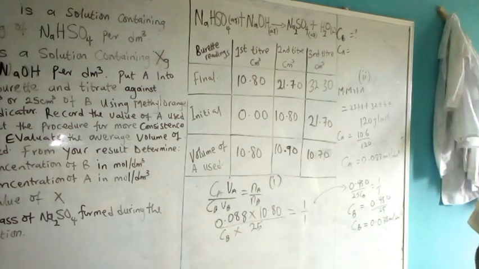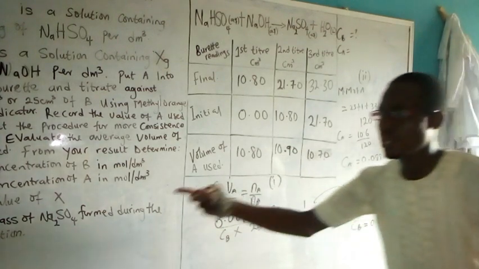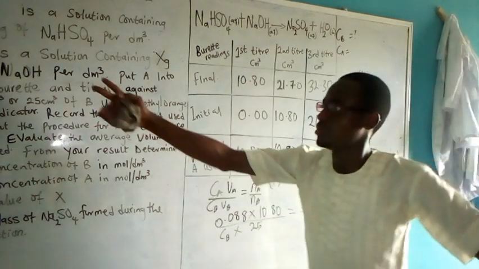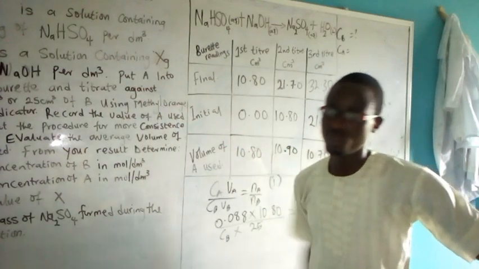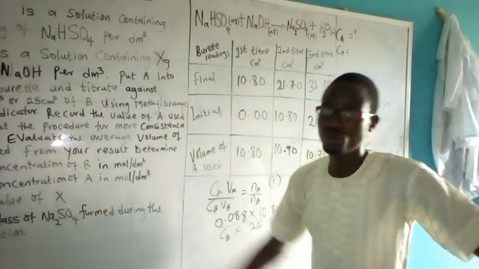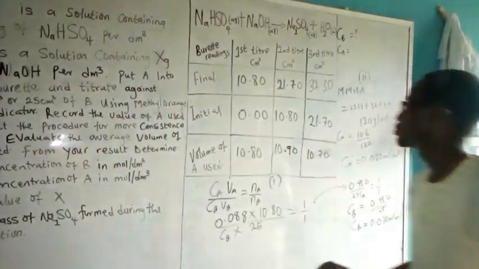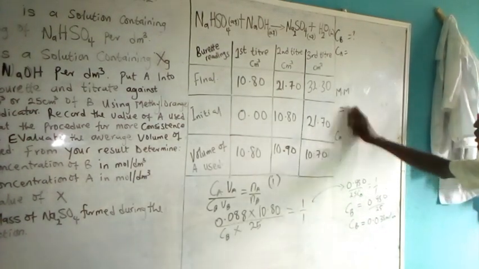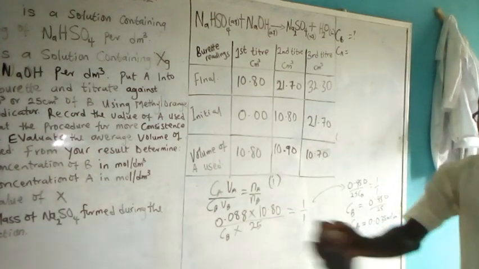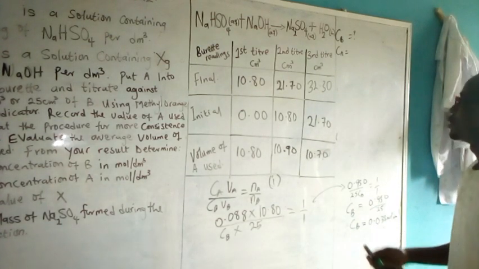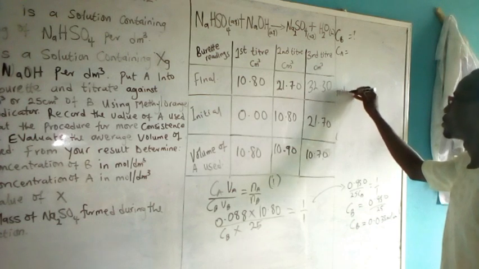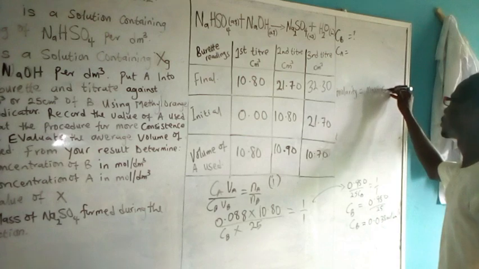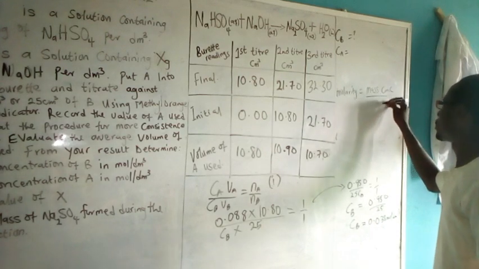Let's proceed to find the value of x. The value of x happens to be the mass concentration of B, because we are told that B is a solution containing x gram of NaOH. So looking for x means we are looking for the mass concentration. To find it is somewhat easy. We still use the same formula that says molarity equals mass concentration over molar mass.